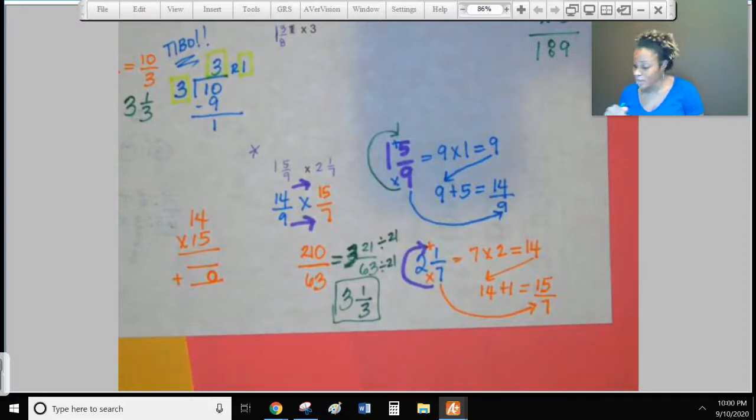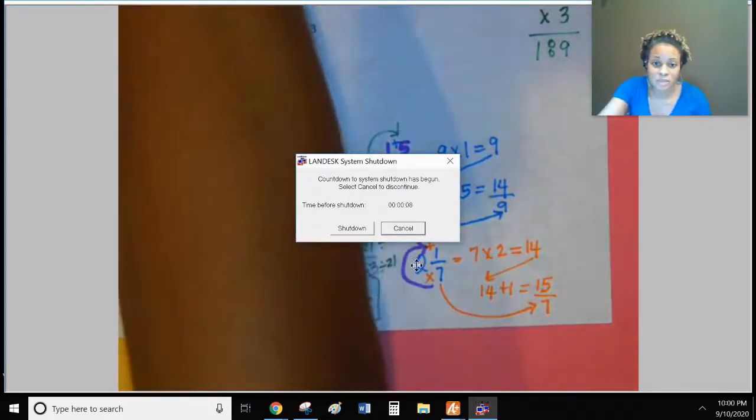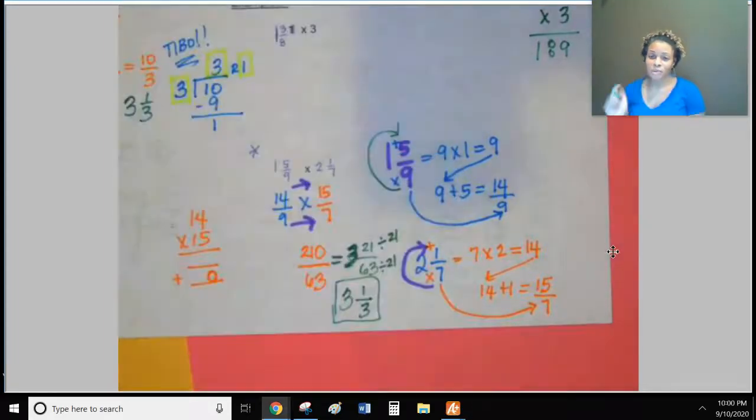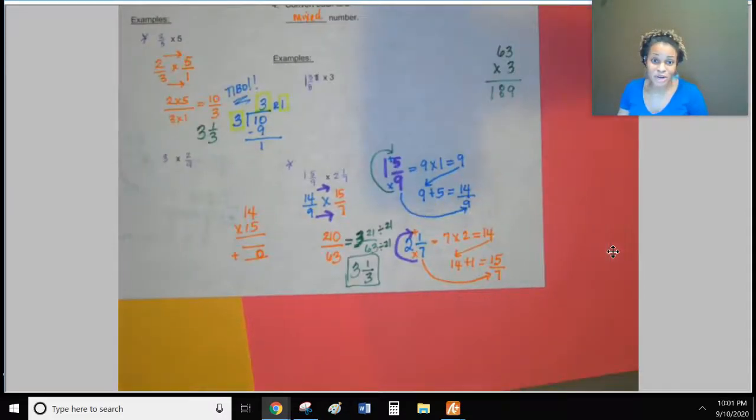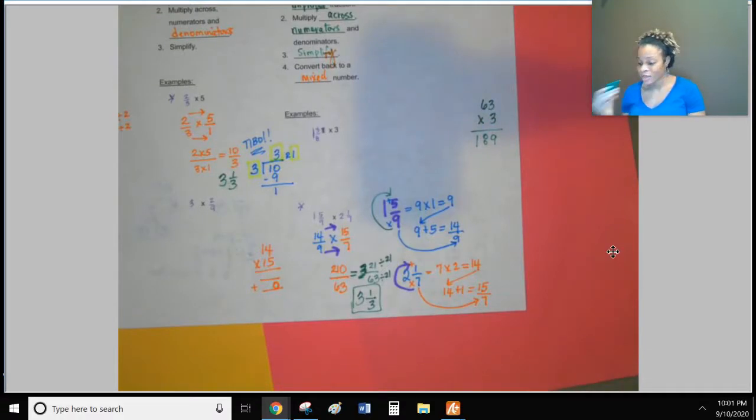So if you can get the right answer here, you have shown your mastery of several different skills. You should be excited for problems like this, where you can show your skill set by changing improper to mixed and mixed to improper, and simplifying, doing factor trees if you have to. This was like 4 different skills in this one problem.